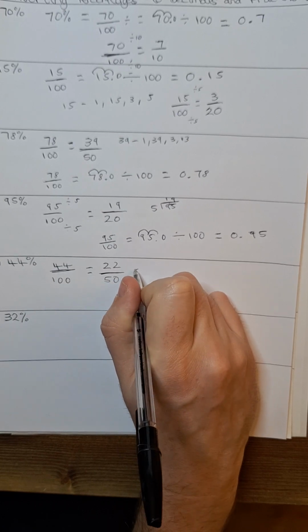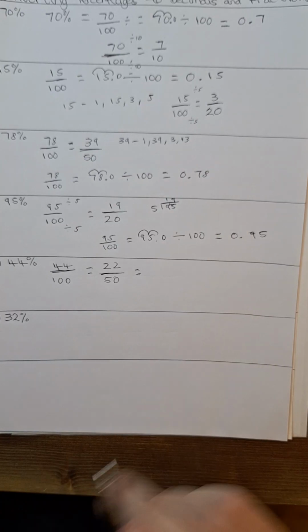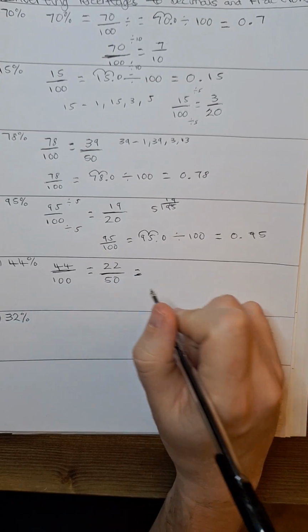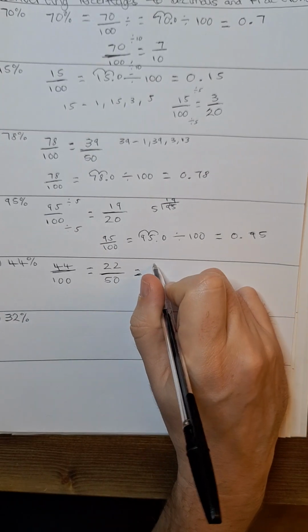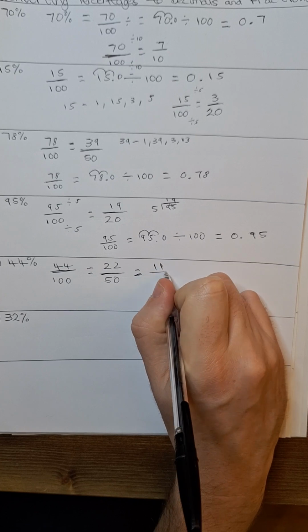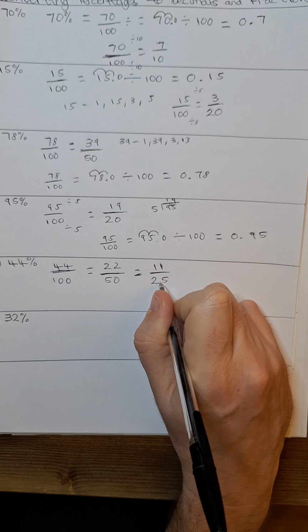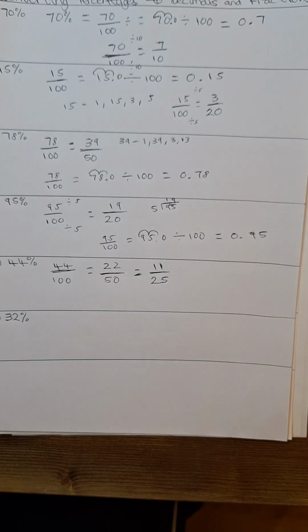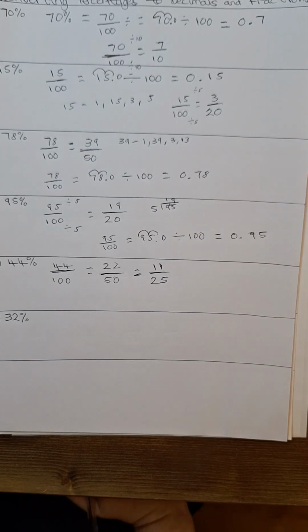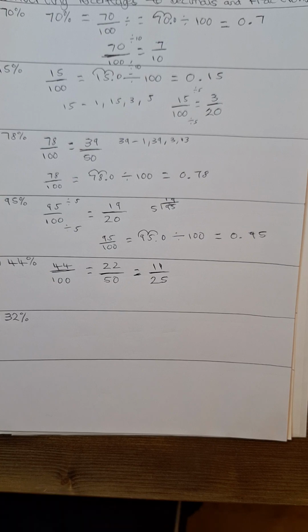Again, they're both even, so I have a common factor of 2. I'm again going to divide both by 2. 22 divided by 2 is 11, and 50 divided by 2 is 25. That is in its simplest form, as 11 is a prime number and doesn't go into 25.